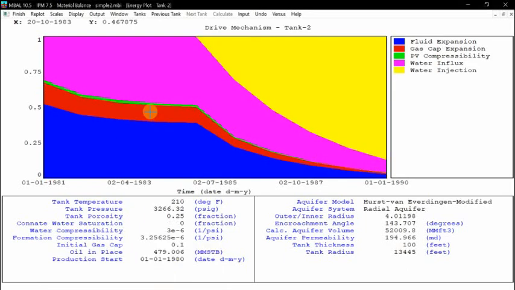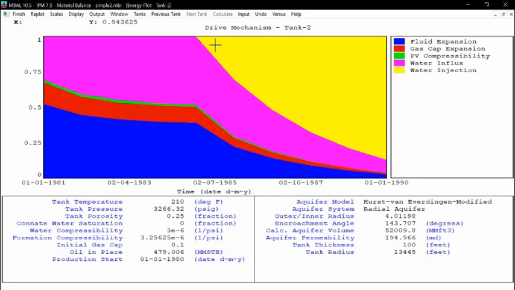Here is another example where the pink one is the water influx and the red one is the gas cap expansion. You see from 1981 until around 1985, our water influx is much higher than our gas cap expansion.